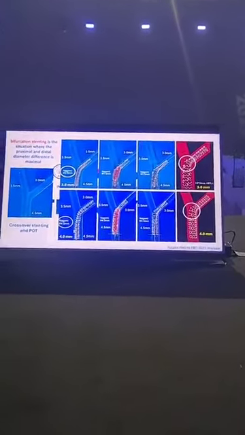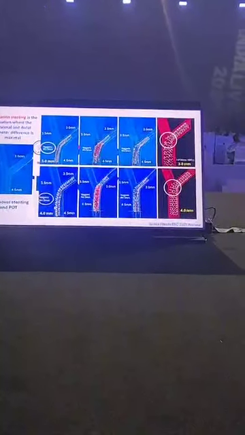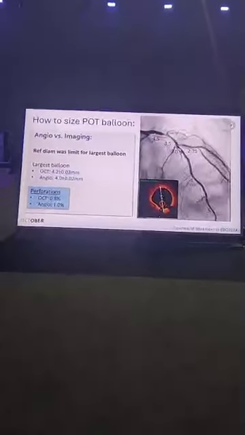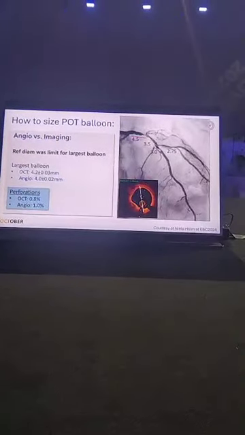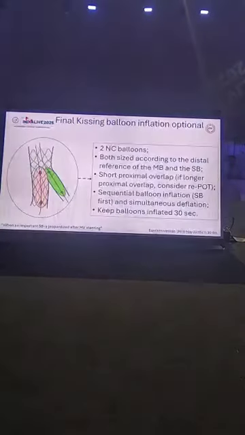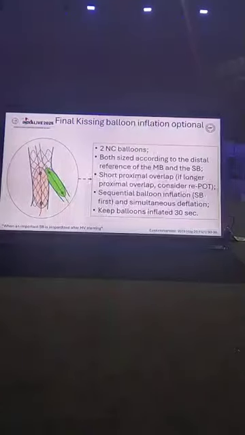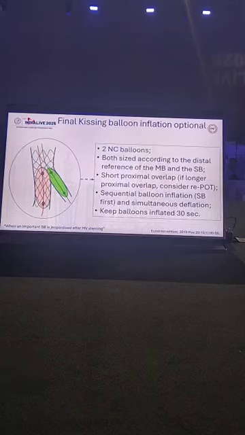But with slightly oversized, we should be able to fully expand the stent in the proximal part of the vessel. And from the OCT, we have data that image-based selection of the device is safer and better than the already selected device.